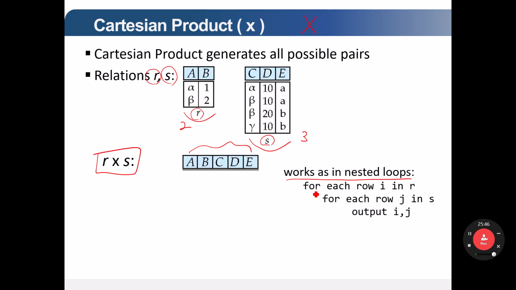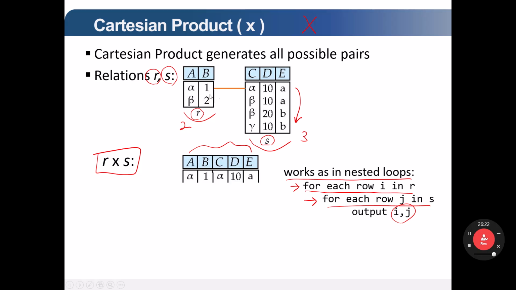We iterate every tuple of the left relation in the outer for loop, and then we iterate every tuple of the right relation in the inner for loop. So for every row i in relation R, we iterate again for each row j in S, and then concatenate those two records and put them in the output table.